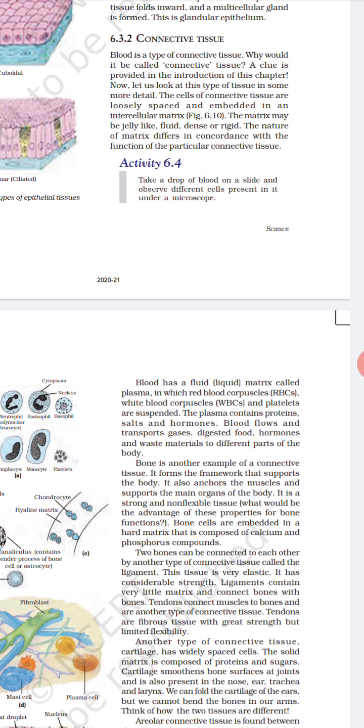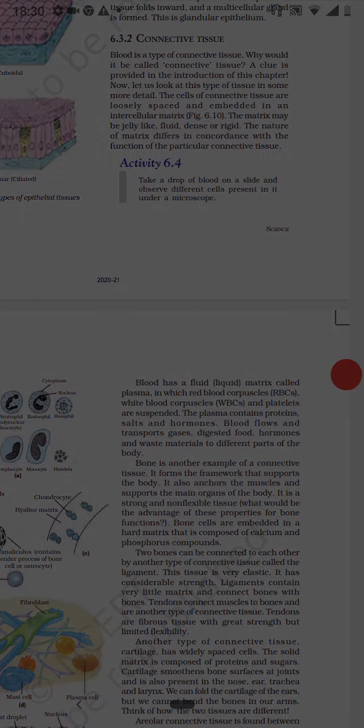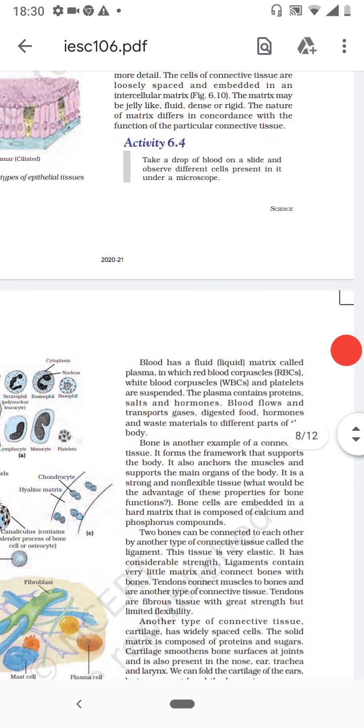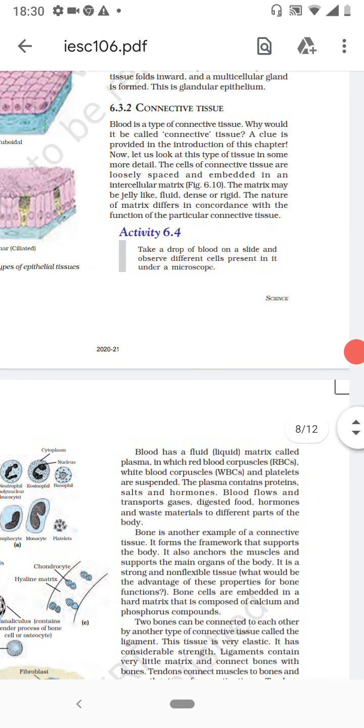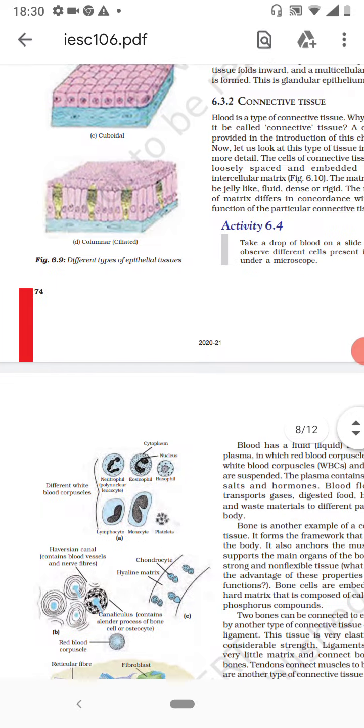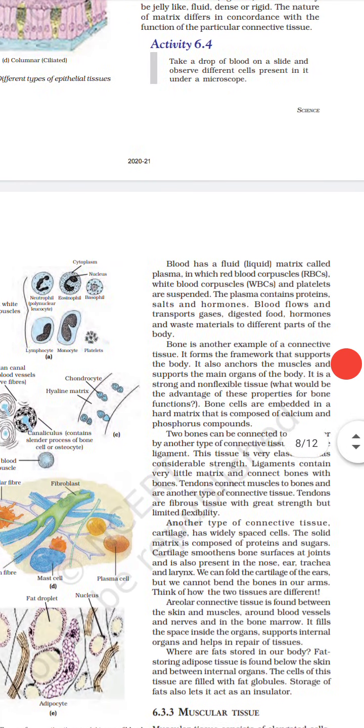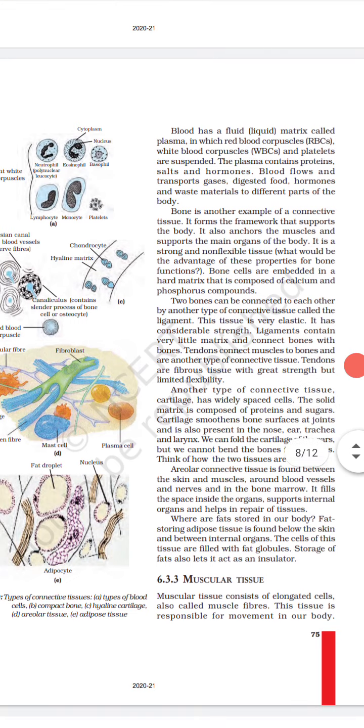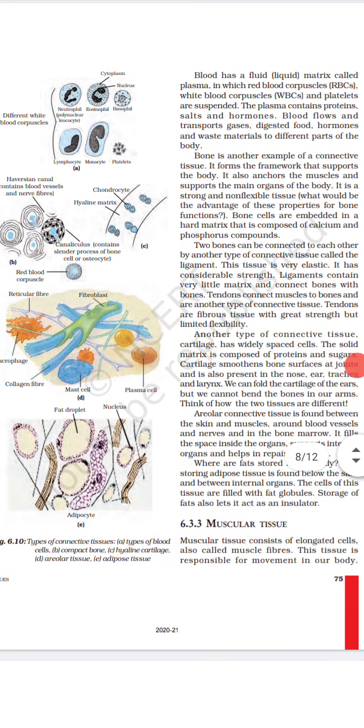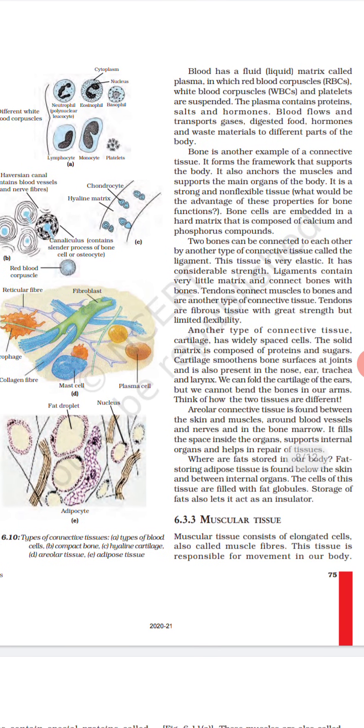The cells of connective tissue are loosely packed, living and embedded in an intercellular matrix that may be either jelly-like, fluid, dense or rigid in nature. The various types of connective tissue are, first one is blood.